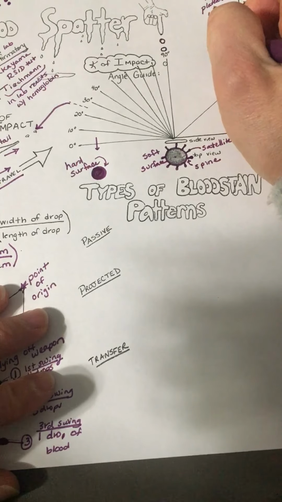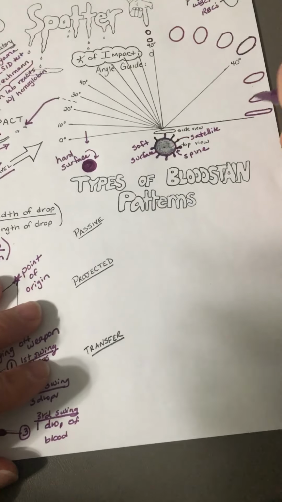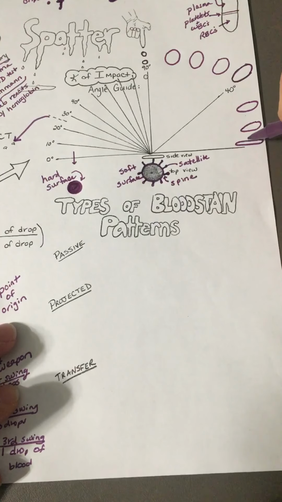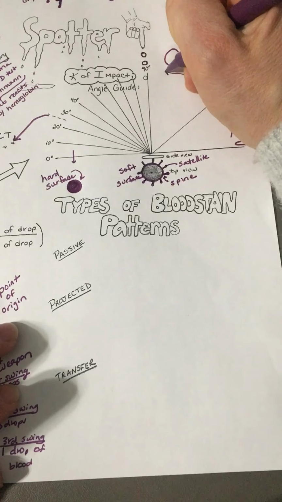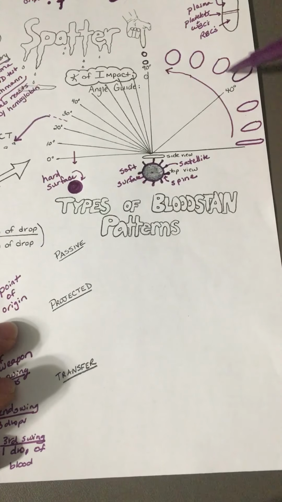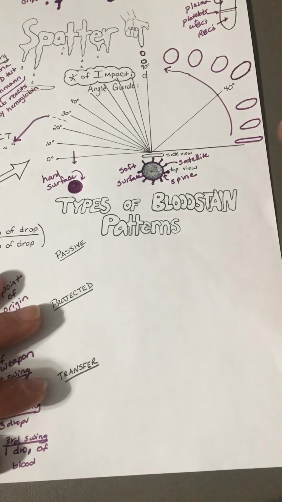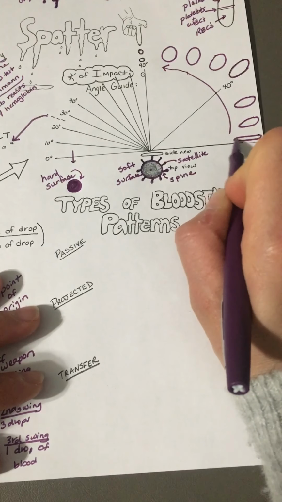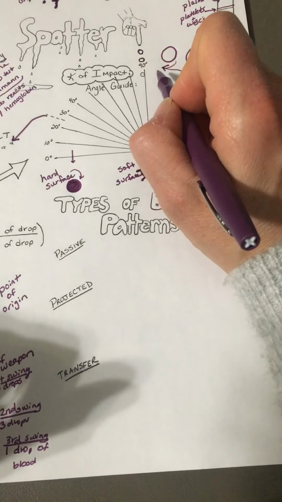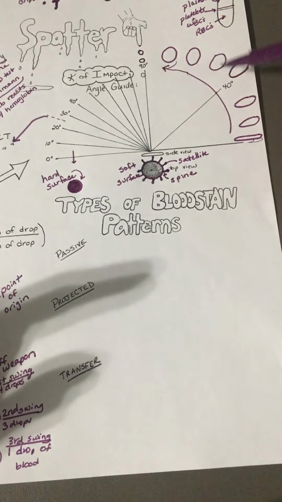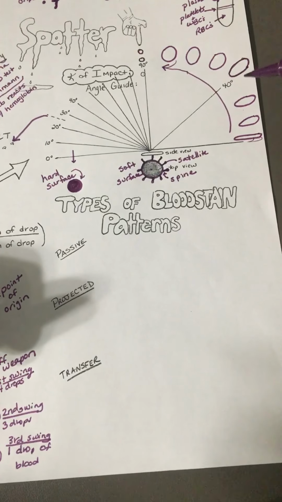It would be more spread out here as the angle is smaller, and then as this angle goes up towards 90, that circular droplet, it would get more and more circular as it went up. I don't know if my drawing is doing a good job, but hopefully you can see that it's more spread out down here at the lower angles, and definitely more circular up here towards 90 degrees. So that's the relationship between angle of impact and the length and width of the blood droplet.